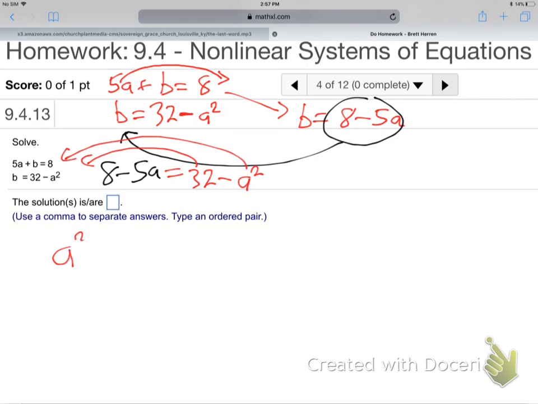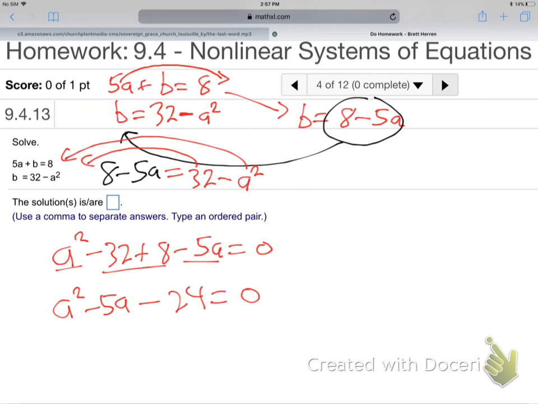So that'll become a positive a squared, a negative 32, and a 0. See what happened there? And now it's a squared minus 5a. And then these two make minus, is it 24? Yeah, minus 24. You can factor that.